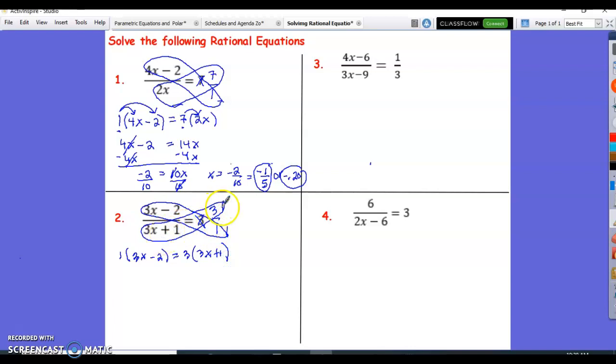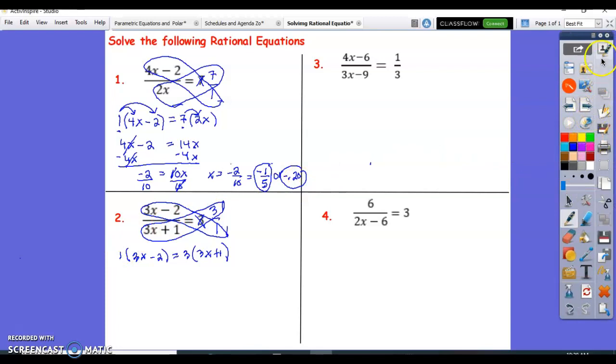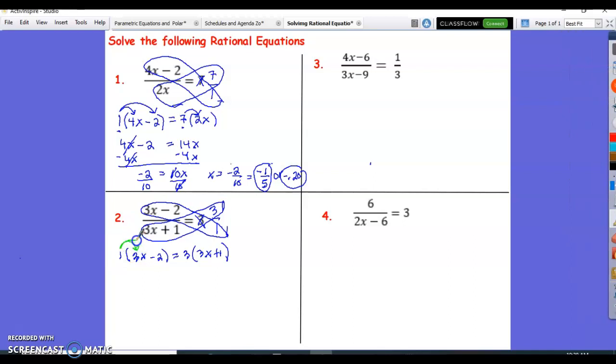So again, I cross multiply both of them. And now we have these numbers in front of our parentheses, so what we're going to do is distribute. I'm going to distribute the 1 to the terms inside my parentheses, and the 3 inside the parentheses.